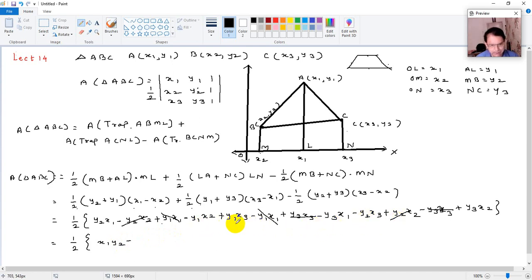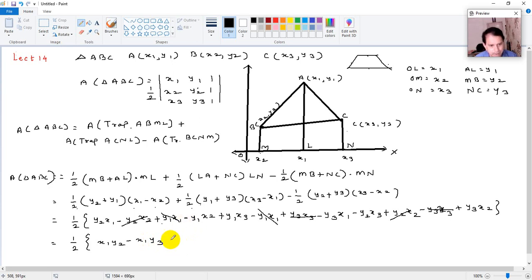Write down all these things. x1 y2, then this y3 x1, so I can write it as minus x1 y3. Then you have minus y1 x2.